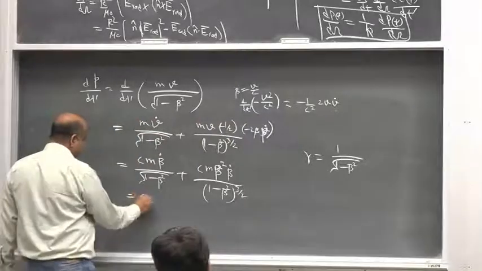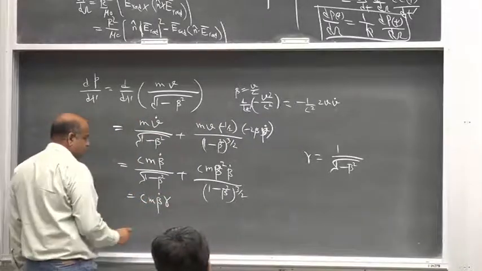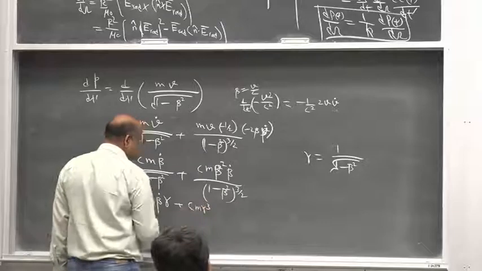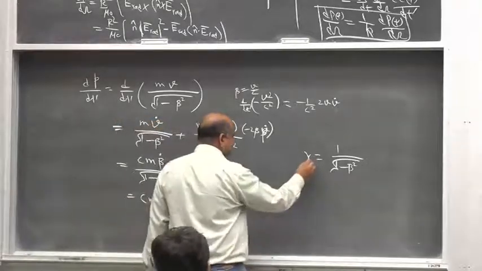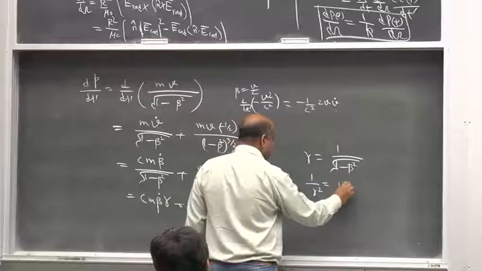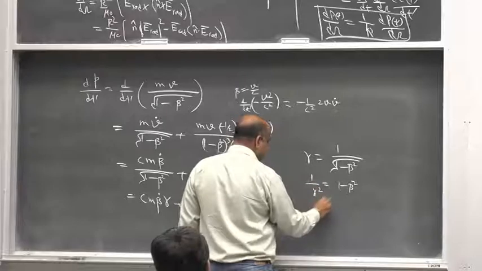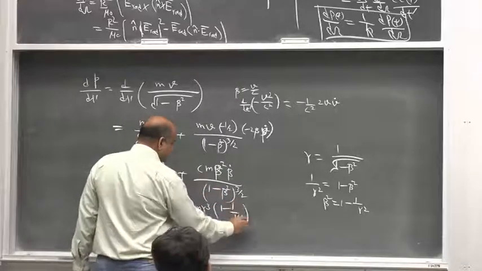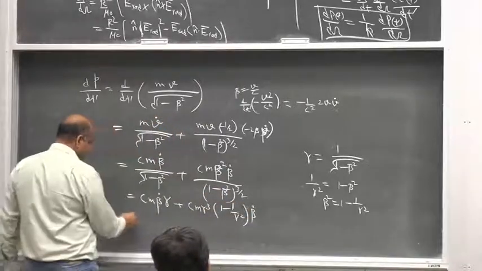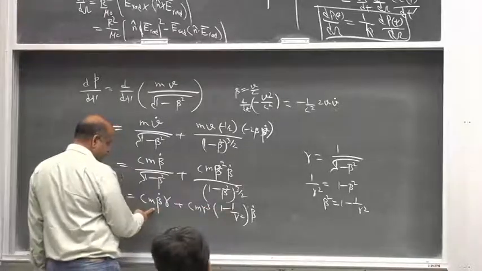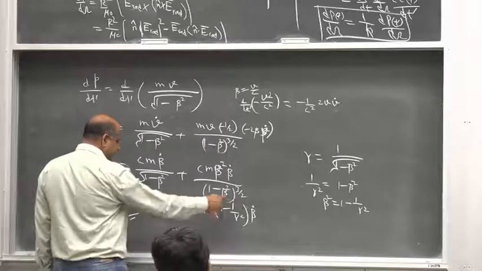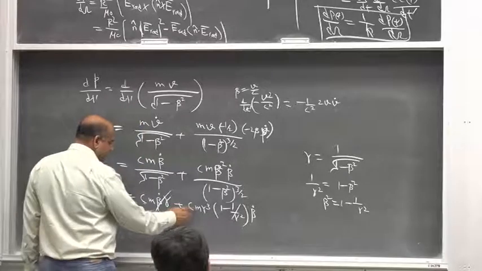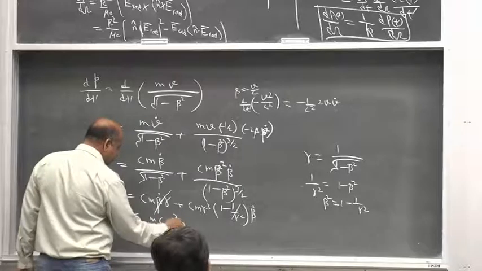So this is gamma. और ये है गामा क्यू. ये बीटा स्क्वायर का बनेगा, तो 1 over gamma square equal to 1 minus beta square, so beta square is 1 minus 1 over gamma square, तो बीटा स्क्वायर आ जाएगा 1 minus 1 over gamma square. ये टर्म इससे कैंसिल हो जाएगी, mc बीटा डॉट और ये गामा स्क्वायर गामा ये इससे कैंसिल हो जाएगी, so we have mc गामा क्यू बीटा डॉट.